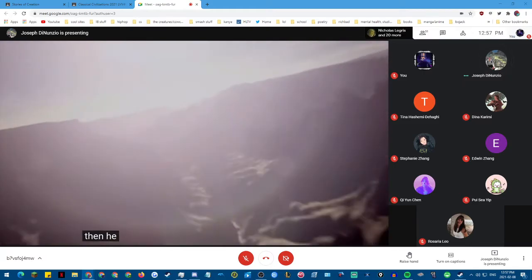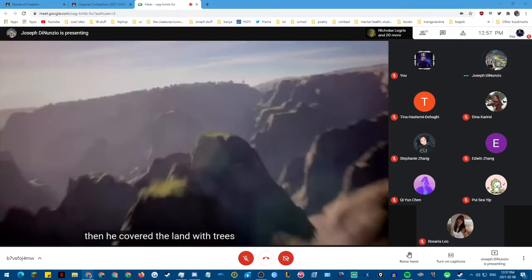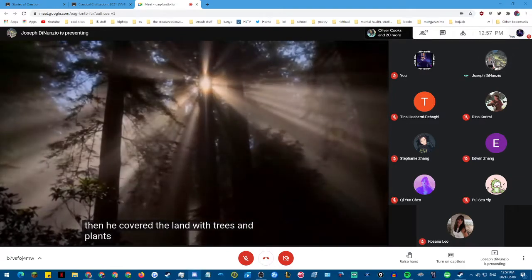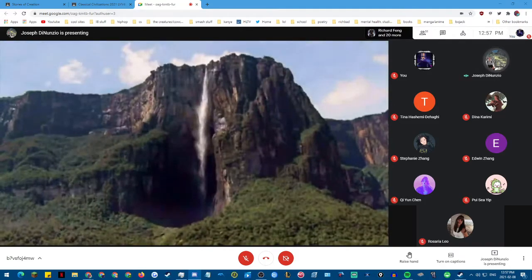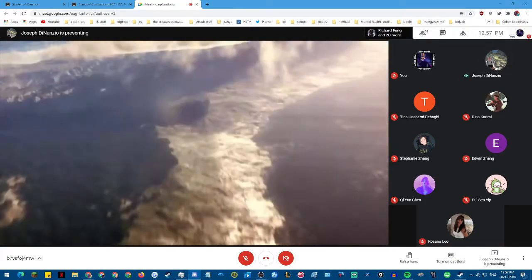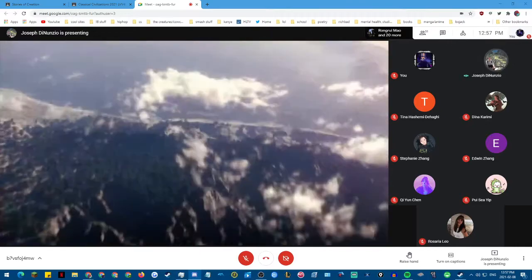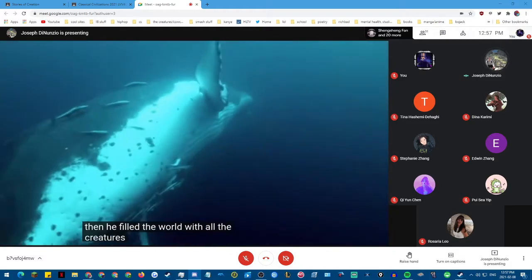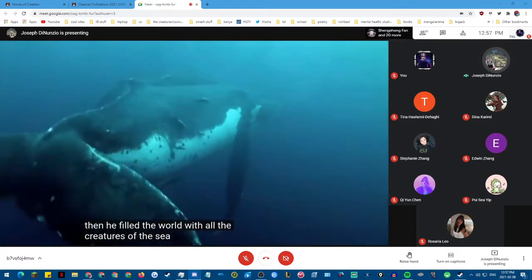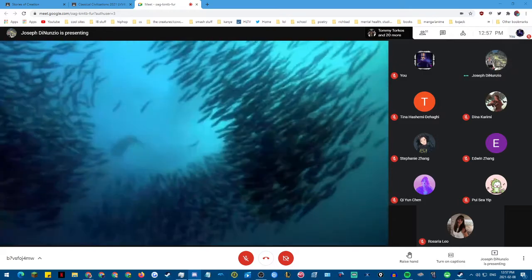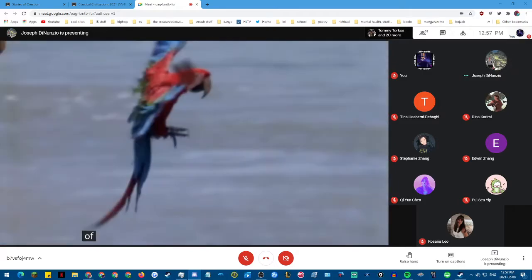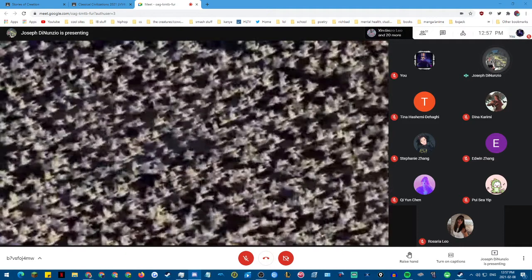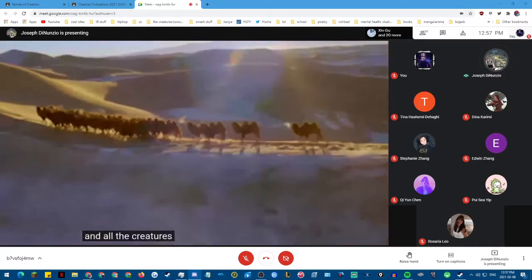Then he covered the land with trees and plants. Then he filled the world with all the creatures of the sea. Of the air. And all the creatures of the ground.